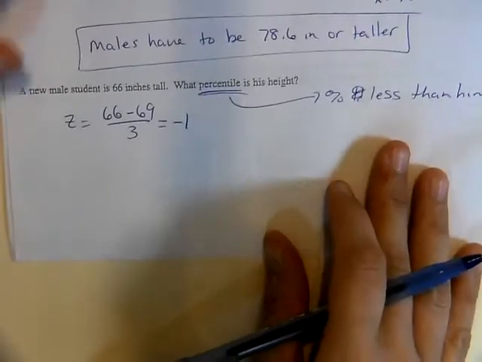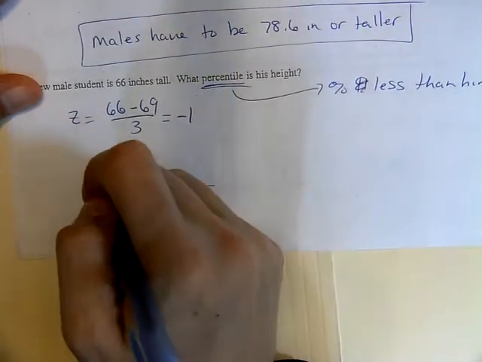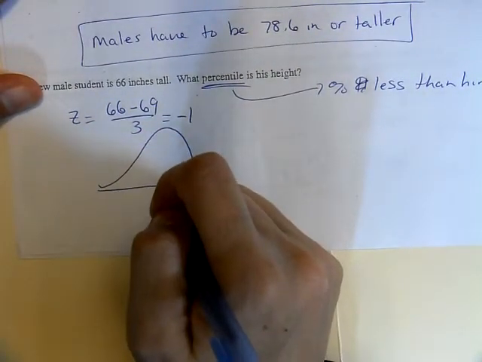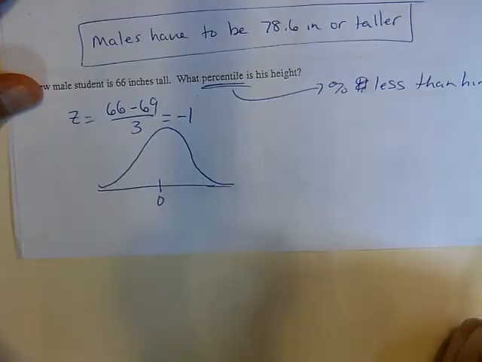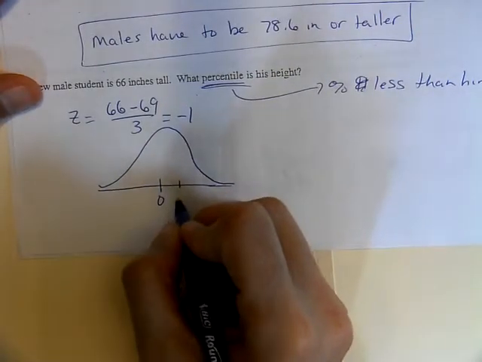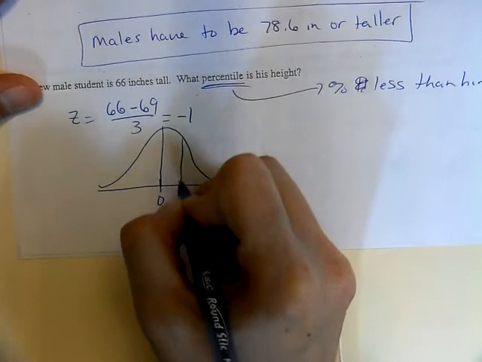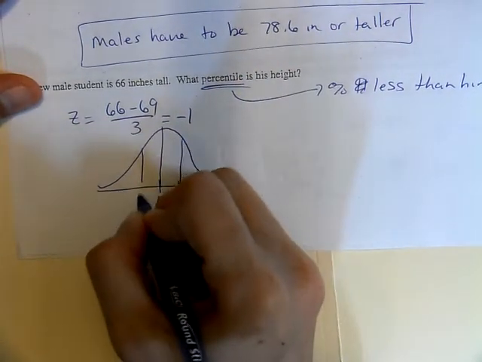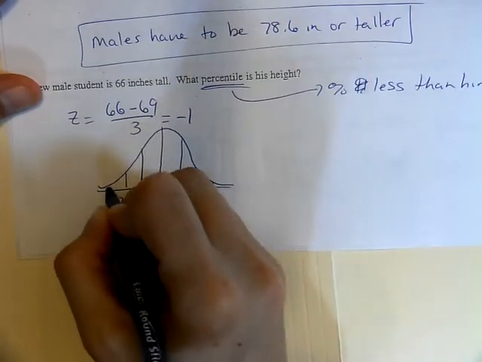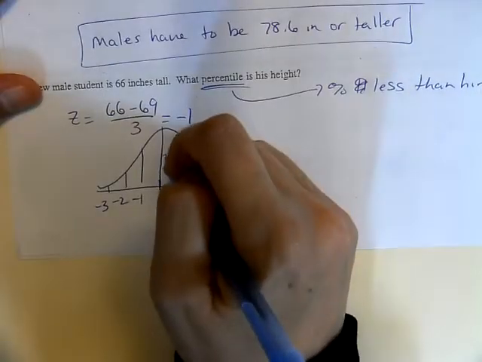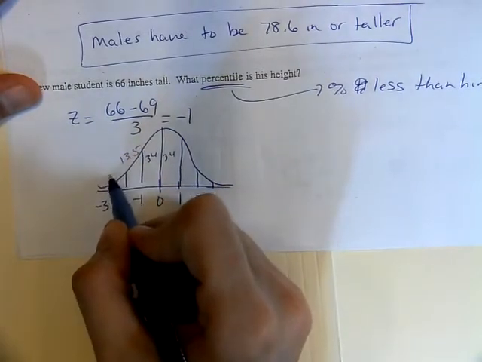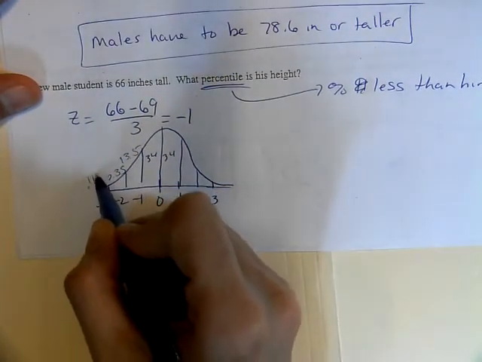So if you think about our normal distribution from before, if the mean is here, that means you have a z-score of 0 if you're on the mean. Then you have 1, 2, 3, negative 1, negative 2, negative 3. So like that 34, 34, that 13.5, 2.35, and 0.15.